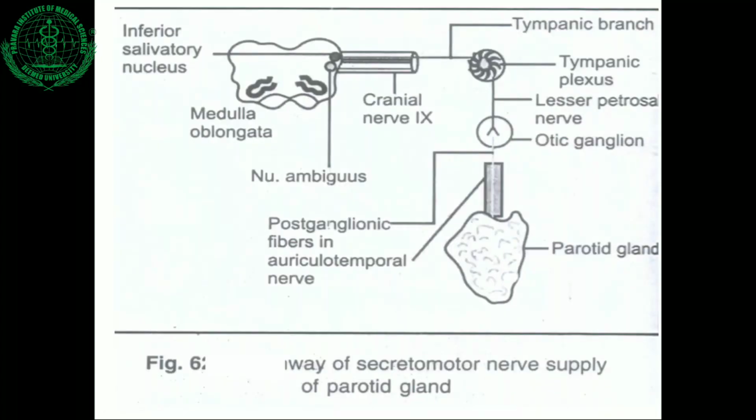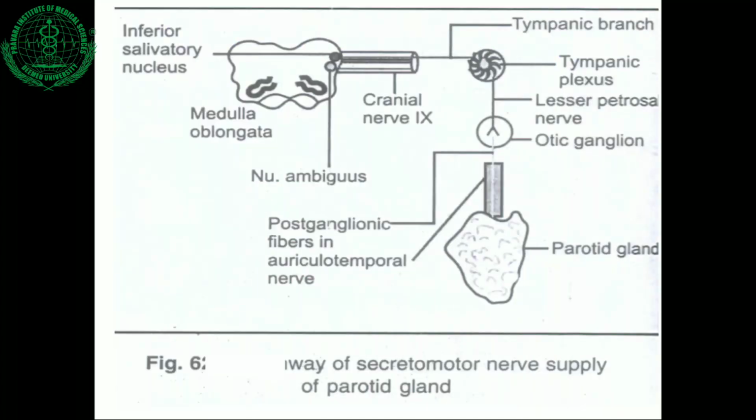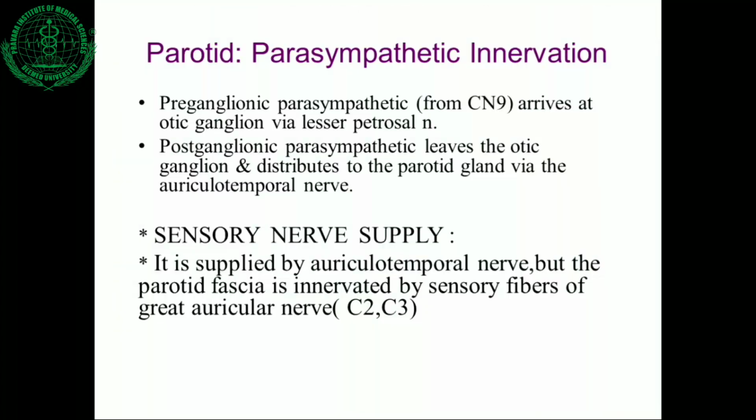This is regarding the parasympathetic nerve supply to the parotid gland. Then the sensory nerve supply to the parotid gland is through the auriculotemporal nerve.